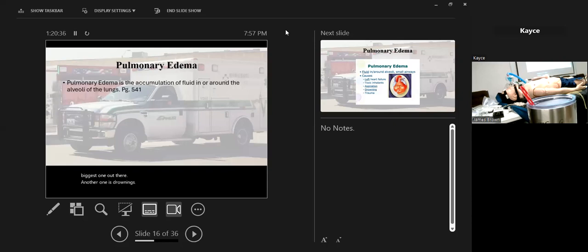You have acute pulmonary edema, or what they call flash pulmonary edema, when you have a sudden filling of the lungs with fluid. Usually it's caused by... Yeah. So like sudden sickness onset.